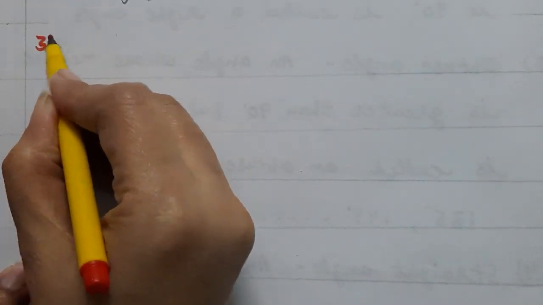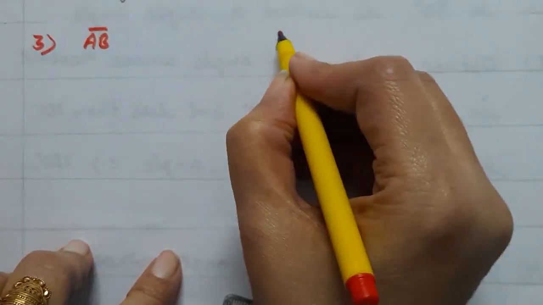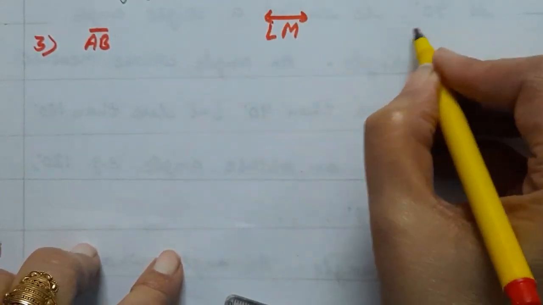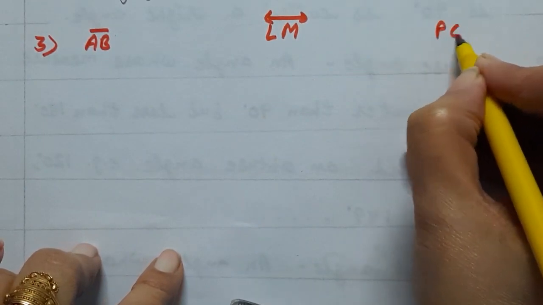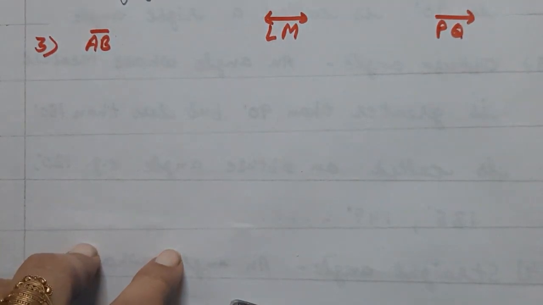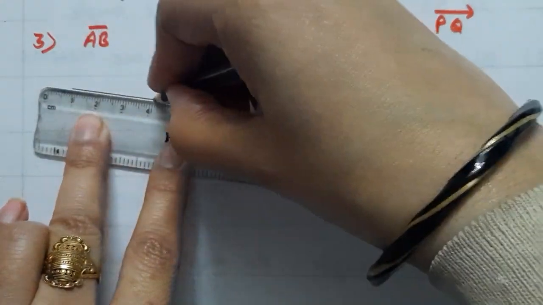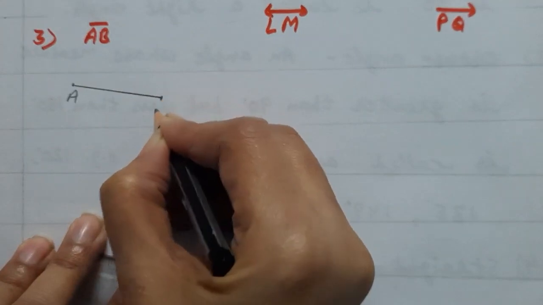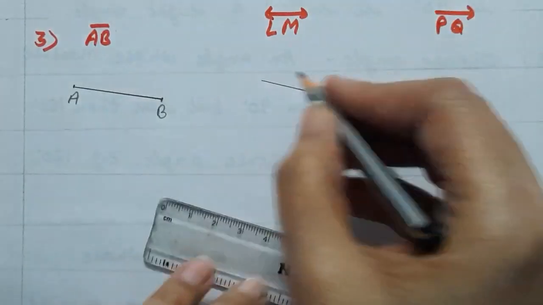Now question number 3. 3 is again draw a line AB. It is given AB line segment. Next is given LM line, and next is given PQ ray. So we will draw AB. A, B. It is line, so we will put arrow mark.